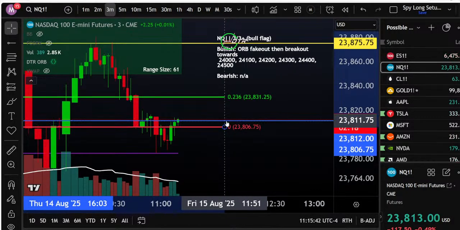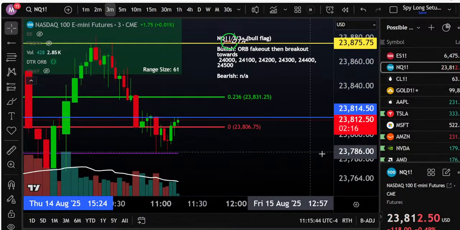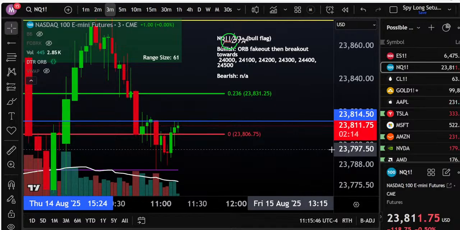Okay, so now we're looking aggressive, something like this. 806, stop loss. So 814 to 806. Can maybe go 3 contracts here.